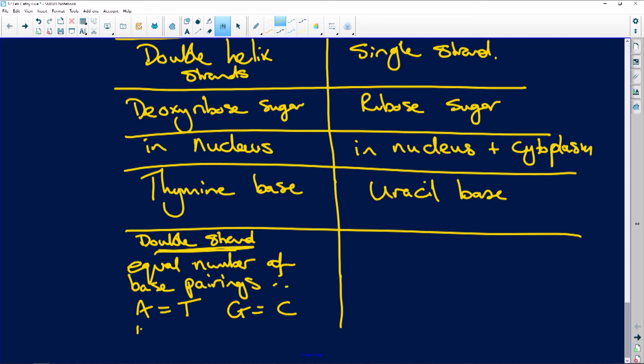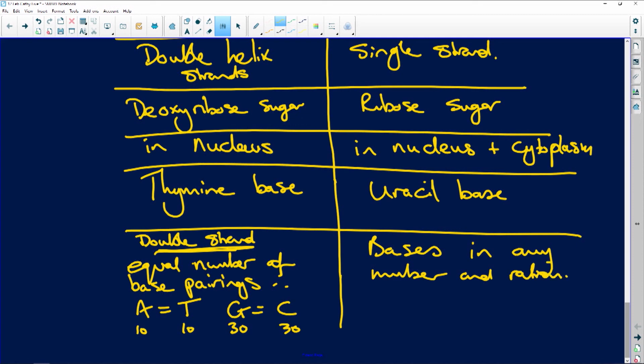So if I've got 10 adenines, I'm going to have 10 thymines. If I have 30 guanine, I'm going to have 30 cytosine. Whereas with RNA, the bases are in any number and ratio because it's one strand. And that's how you're going to tell the difference.